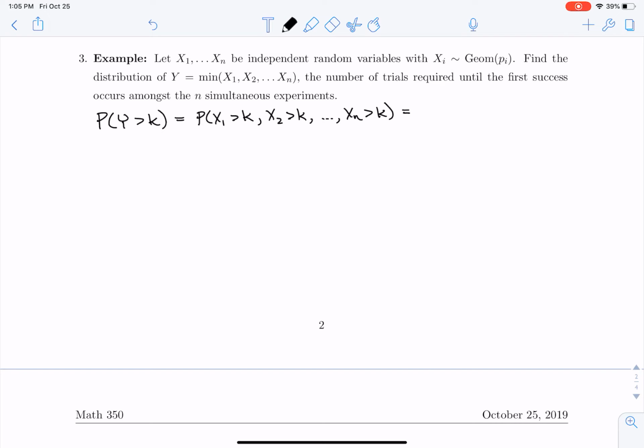So this is actually, because these are independent random variables, the product of the n independent trials where we're looking at the probability that xi is greater than k, since each of the random variables has the same distribution.